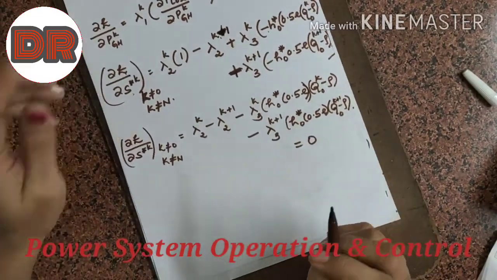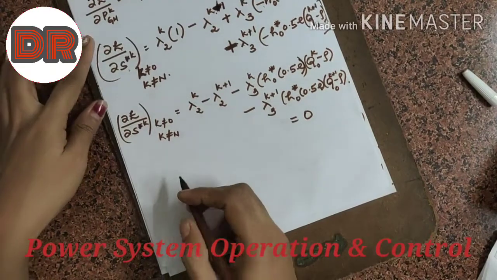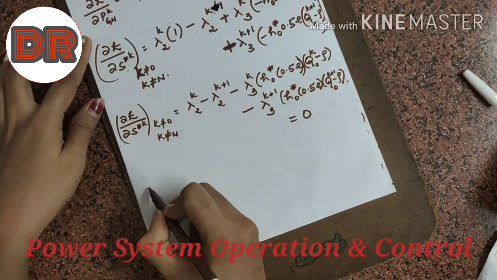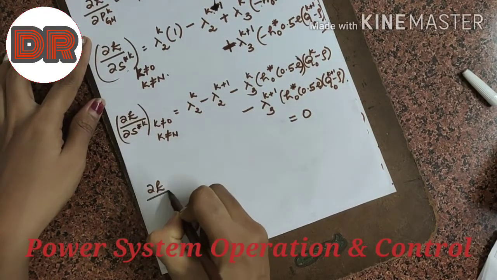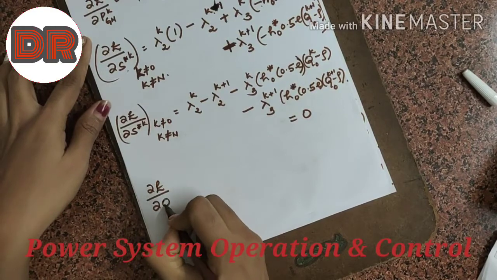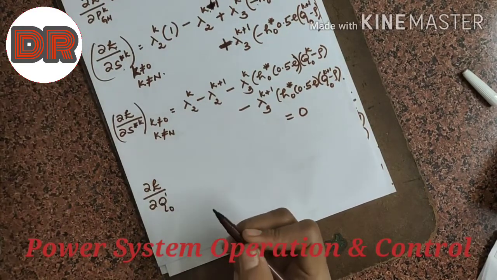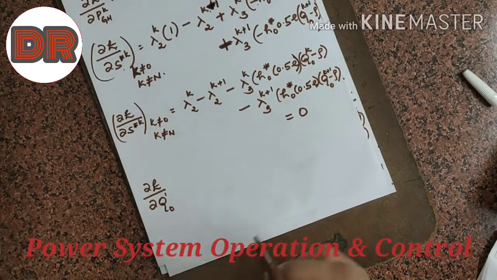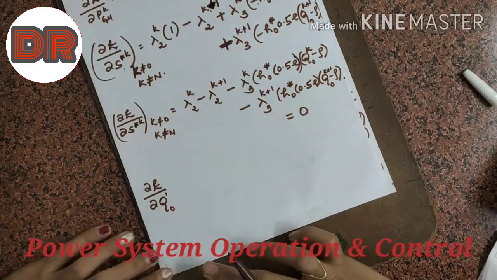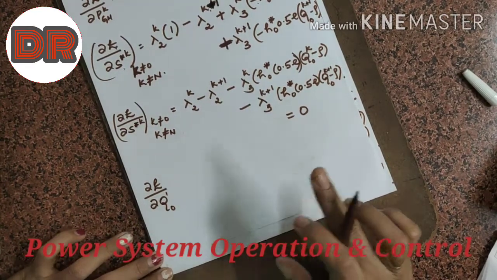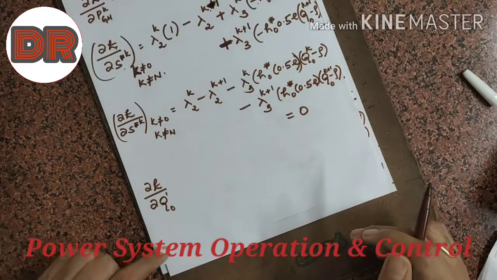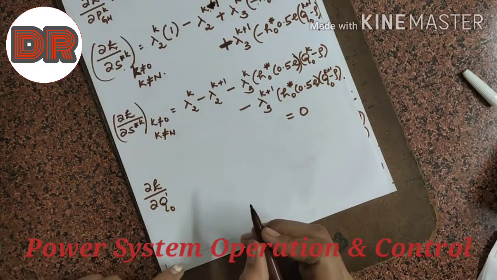Okay. So now we have seen this. Along with all these, we also need the partial derivative of this with respect to q naught 1, because we have considered q naught 1 as a dependent variable. So we have to calculate this also.